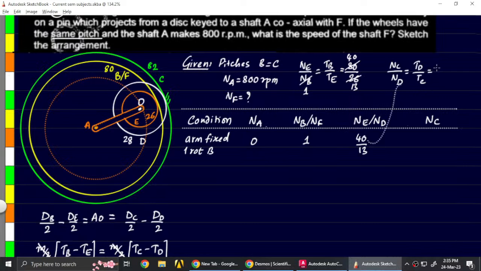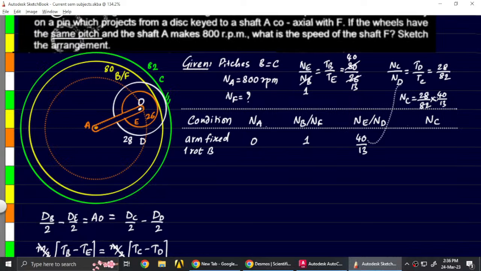If you send it to the other side, we will get the value of NC as TD, which is 28, divided by TC, which is 82, into ND being 40 by 13.